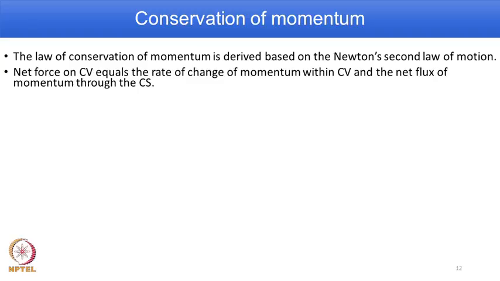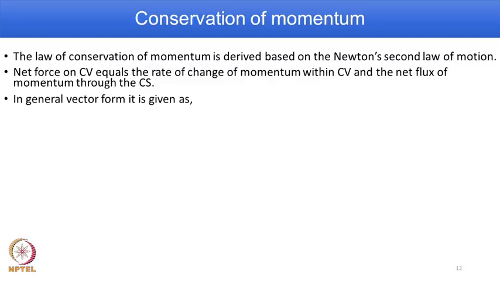You account for both of them, then you finally get the conservation of momentum equation. It is stated as: net force on the control volume equals the rate of change of momentum within the control volume and the net flux crossing the control volume.